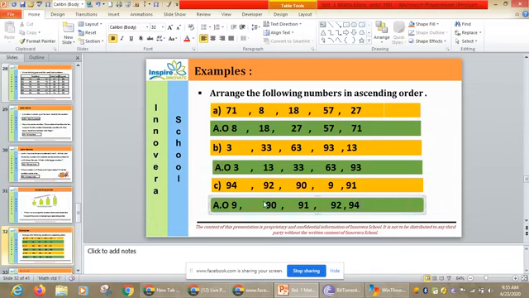Or you can take one newspaper. You can cut the shapes, one big, one small, one a little bit bigger than that, and arrange those shapes on a paper. Stick the shapes on the paper in such a way that they are arranged in ascending order.